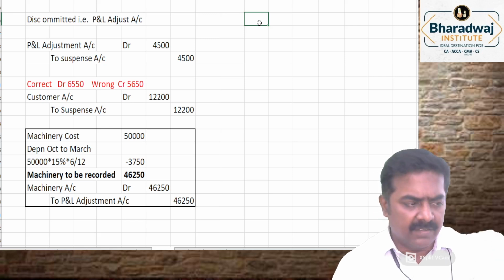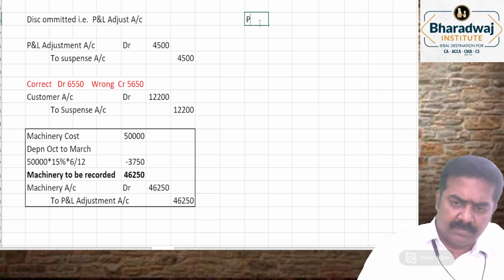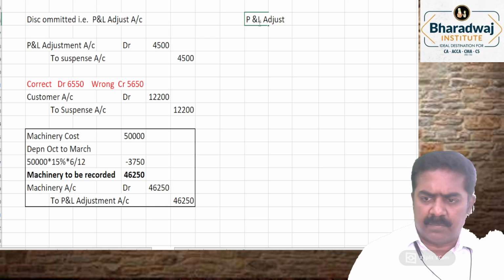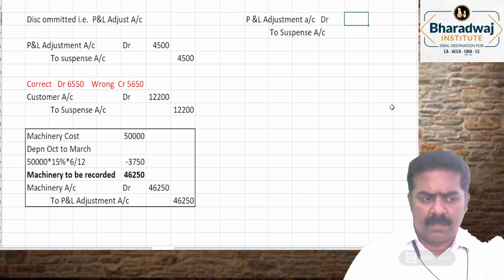How do you remove it? To remove, the sales balance will be debited, with the P&L adjustment account debit to suspense. How much?